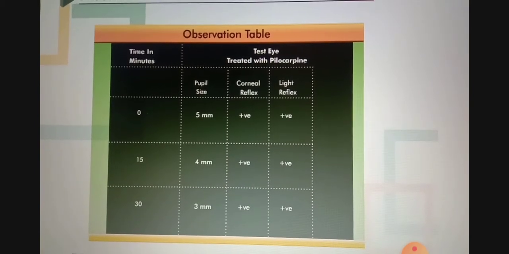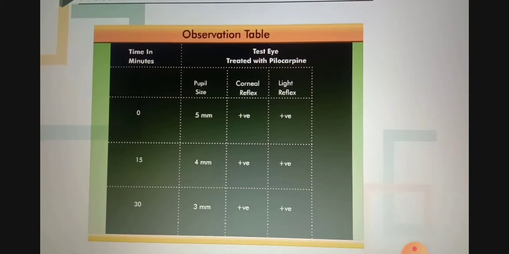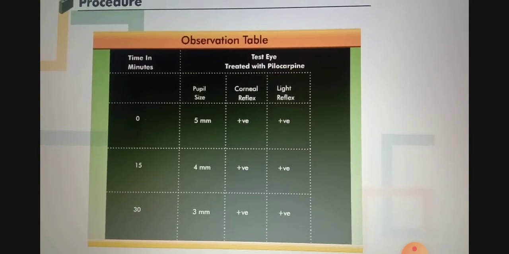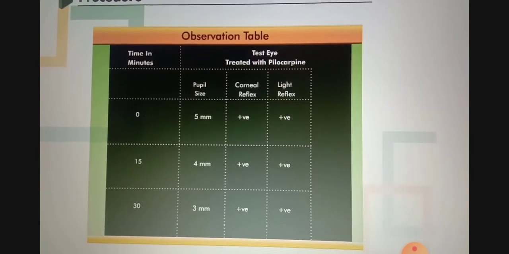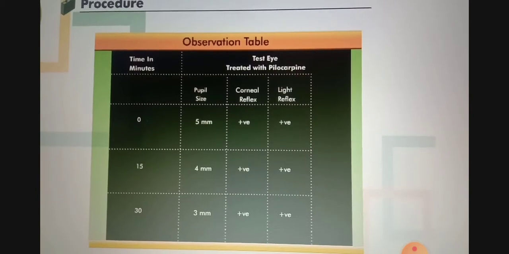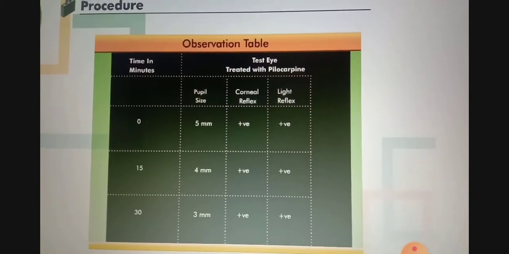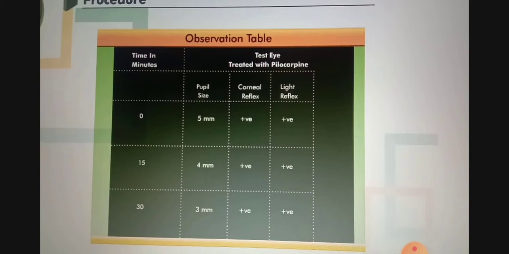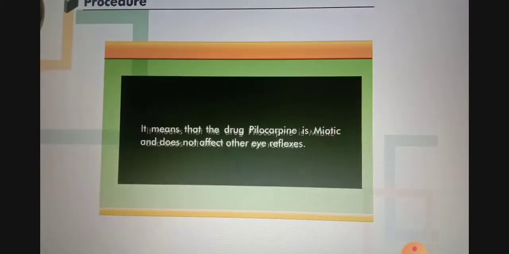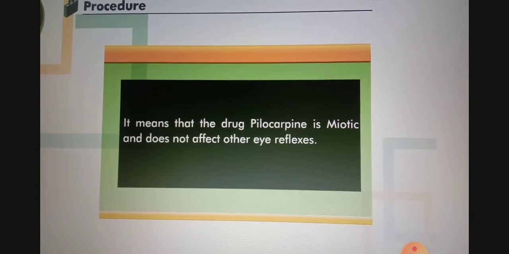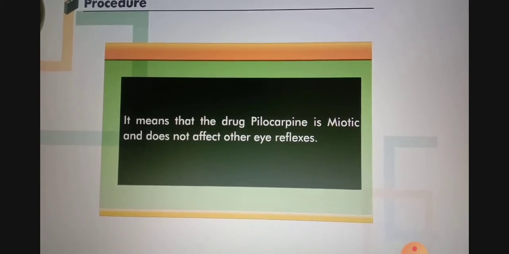Now observe the corneal reflex and light reflex in the test eye. You will notice that these reflexes remained unaffected. It means that the drug pilocarpine is miotic and doesn't affect other eye reflexes.